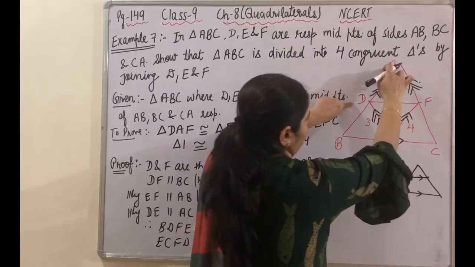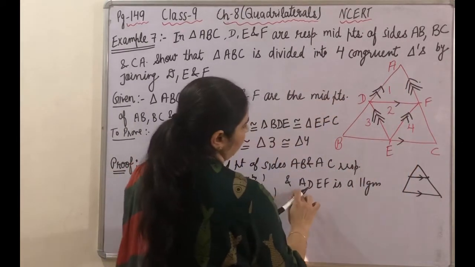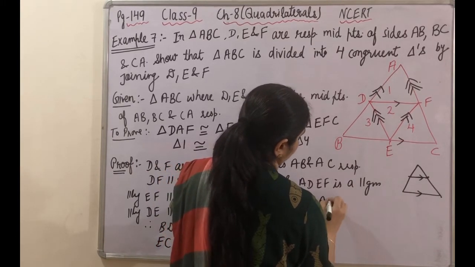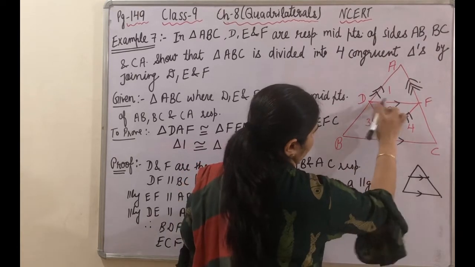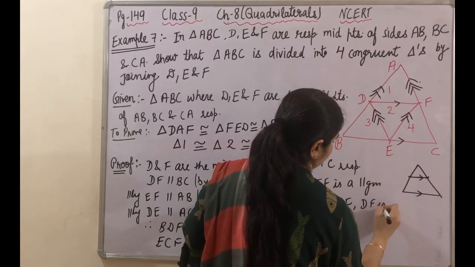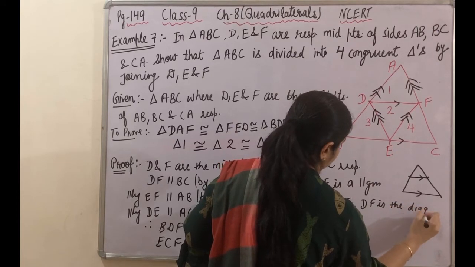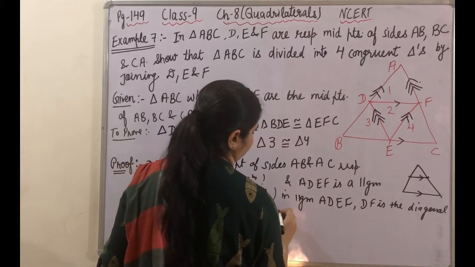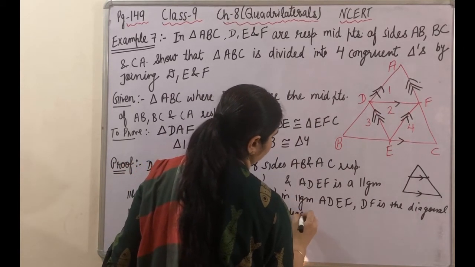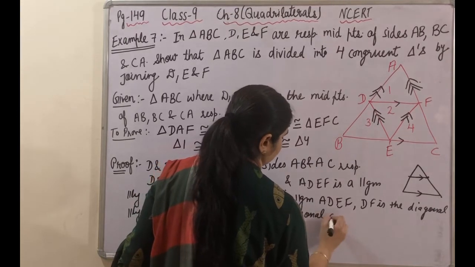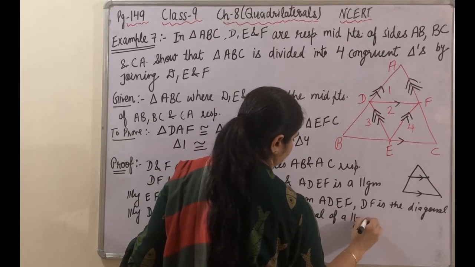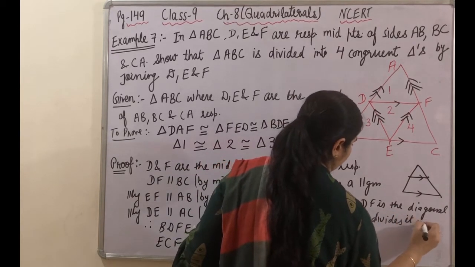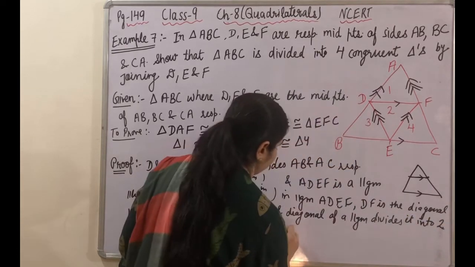I am taking this parallelogram, ADEF. DF is the diagonal, and we know the diagonal of a parallelogram divides it into two congruent triangles.